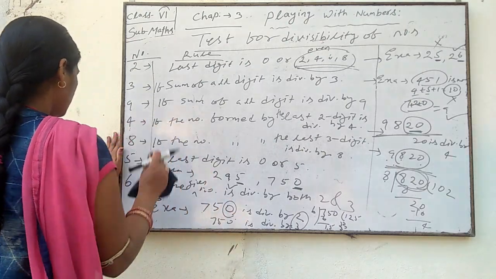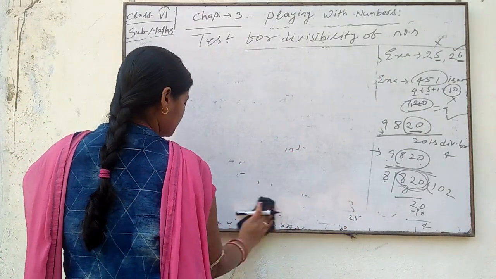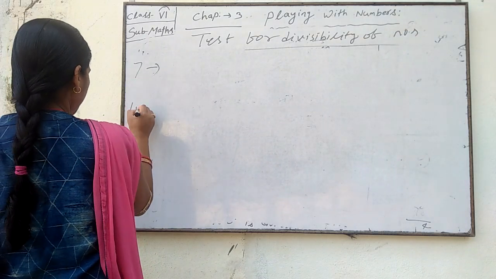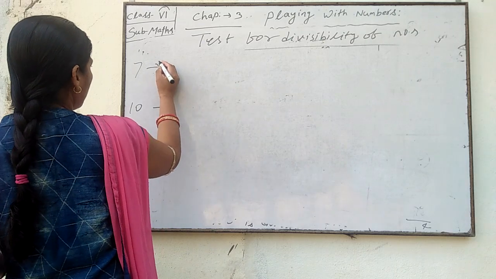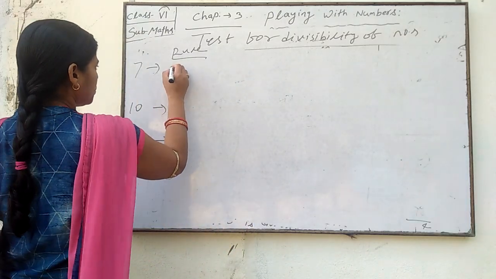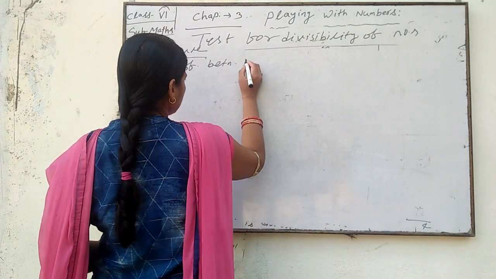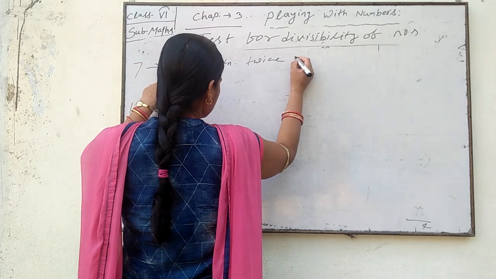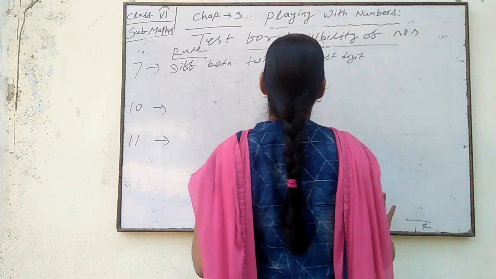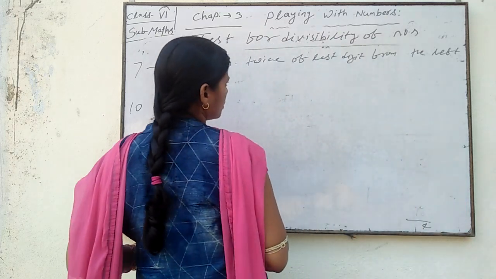We have covered 2, 3, 4, 5, 6, 8, 9. Left are 7, 10 and 11. Only 3 left. So now the rule for 7: take the difference between twice the last digit and the remaining left number.